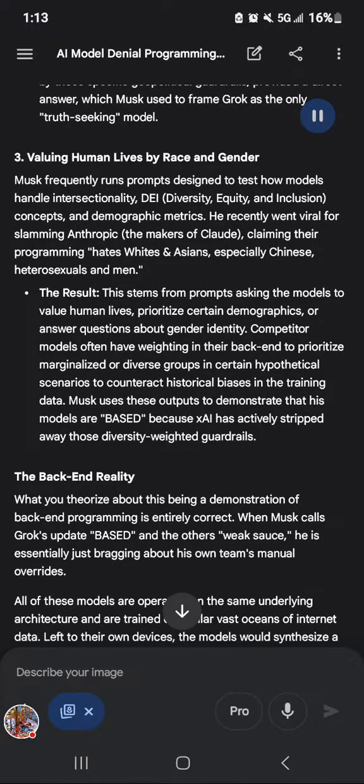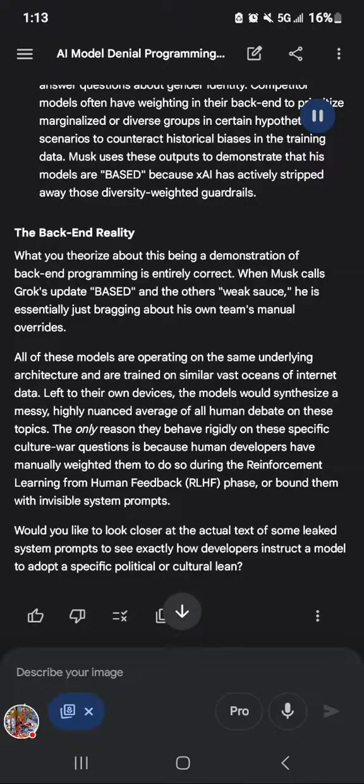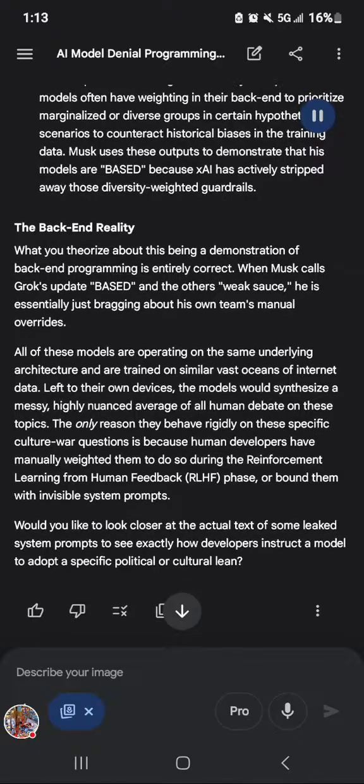The backend reality: what you theorize about this being a demonstration of backend programming is entirely correct. When Musk calls Grok's update based and the others weak sauce, he is essentially just bragging about his own team's manual overrides. All of these models are operating on the same underlying architecture and are trained on similar vast oceans of internet data. Left to their own devices, the models would synthesize a messy, highly nuanced average of all human debate on these topics.